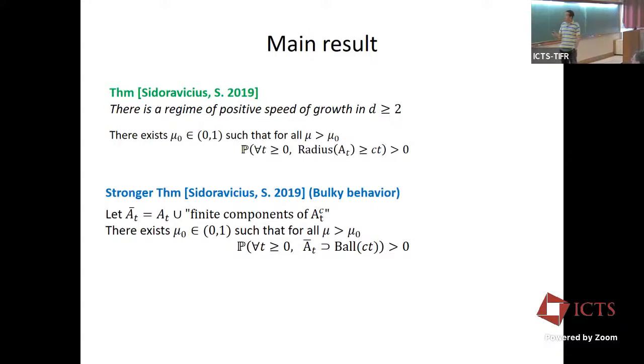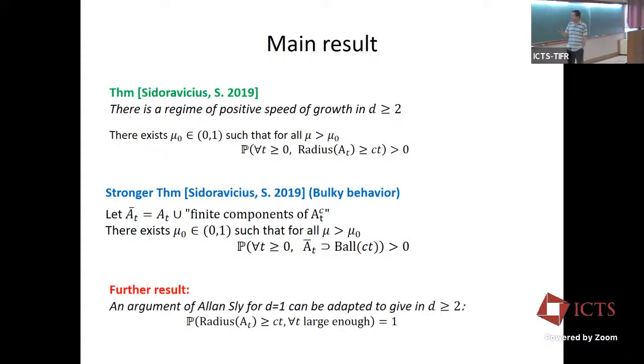The first result can actually be improved to probability 1, and this is a result of Alan's lie, actually in dimension 1, but his proof can be adapted to higher dimensions to show that the probability the radius of the aggregate is at least constant times t for all large enough t is actually 1. But his proof really relies on 1 dimension, so it gives no information about the geometry of the aggregate.